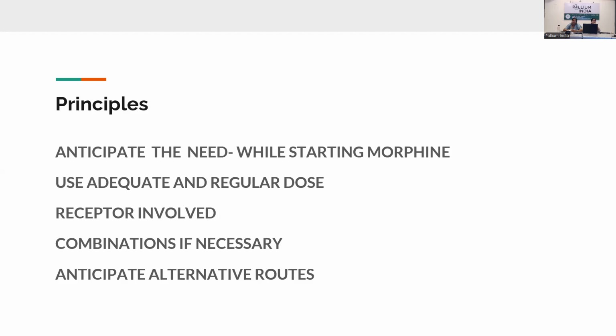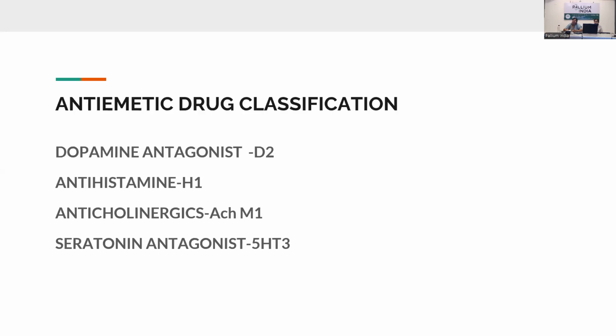For example, a patient having a brain tumor and also on opioid. So we start the patient on metoclopramide. If this is not controlling, then you have to go for steroid. You can use both. That is a combination. Not like every time you have to add two drugs. Only if you feel that the first drug is not efficient, you can add one more, only after proper assessment.